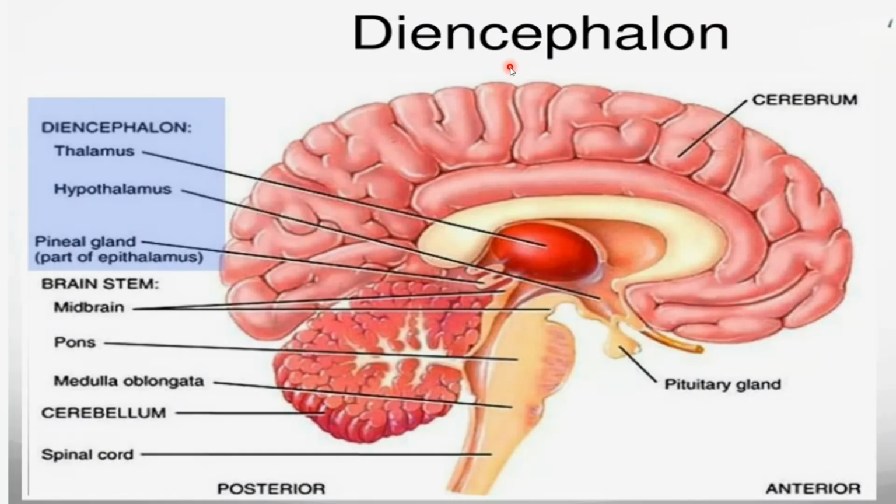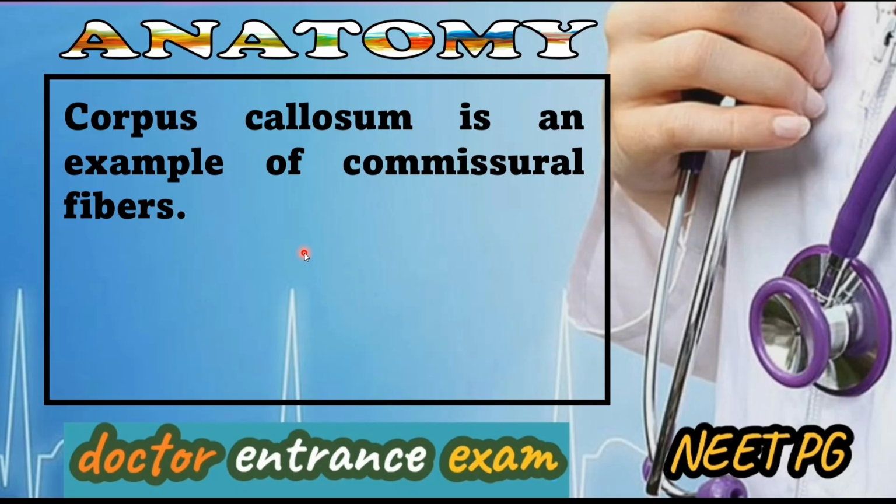See the picture. Diencephalon, thalamus, hypothalamus, pineal gland, brainstem, midbrain, pons, medulla oblongata, cerebellum, spinal cord, pituitary gland, cerebrum.